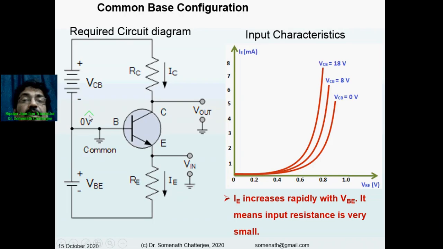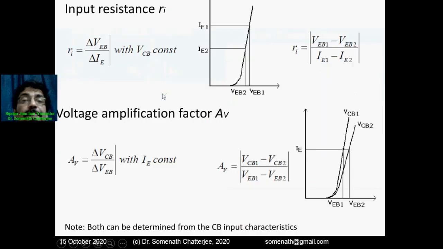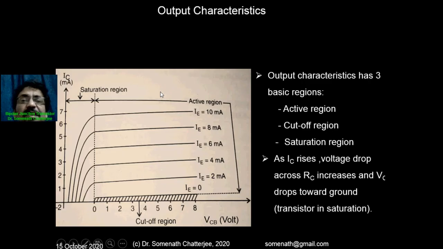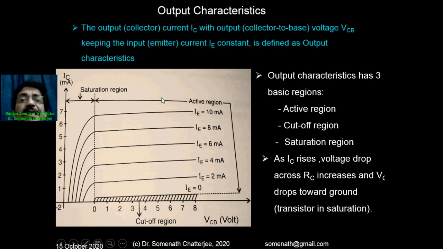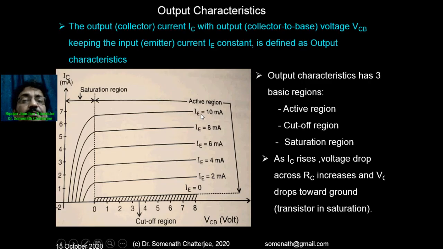If you go to this circuit, when we do the output characteristics, the input voltage and the input current will be fixed, it will not change, and there will be the relation between the collector to base voltage and the collector current, right? So that is the output characteristics what we know, and the input current, that is the emitter current, will be fixed.